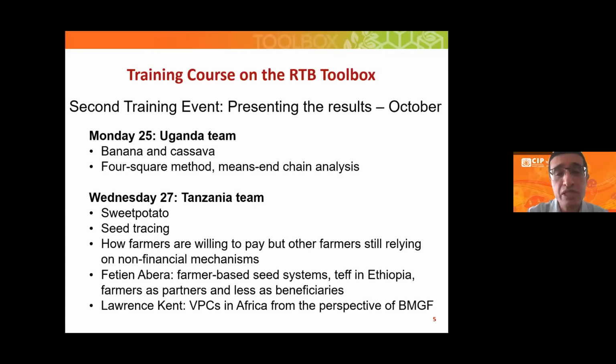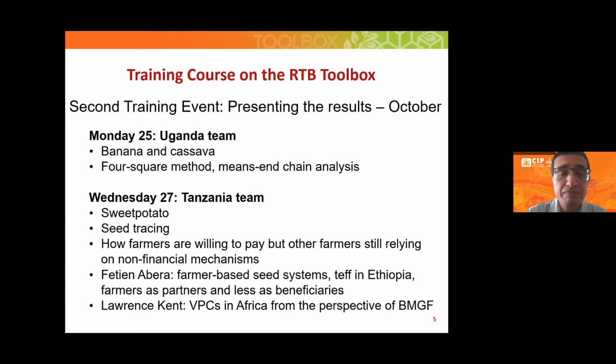They used seed tracing, and they provided nice insights about how the planting material of sweet potato is being disseminated through farmers' networks. They showed how farmers are willing to pay other farmers, while still relying on non-financial mechanisms to exchange planting material of sweet potato.